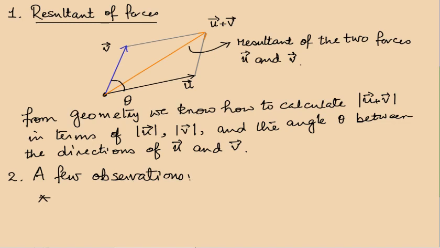So, irrespective of which one acted first, the resultant is still the same. So, which in general demands that this must be equal, which is often referred to as the commutativity of the resultant.